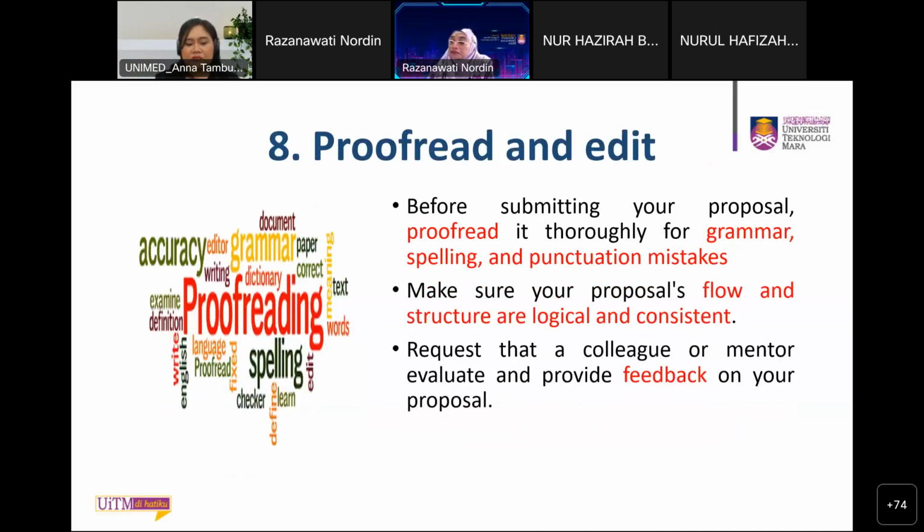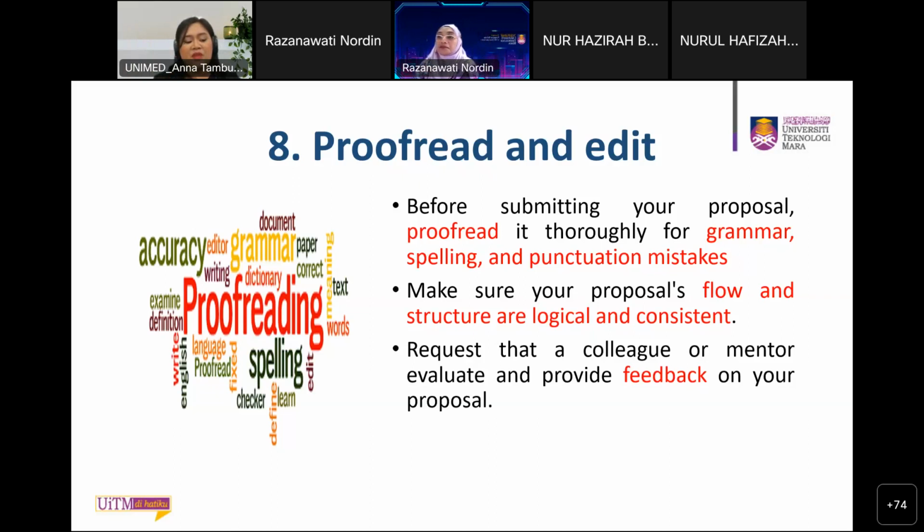Now, the next one, after you write your proposal, after you explained the background and the goal of your proposal, and the things I previously mentioned, the last thing you have to do is proofread and edit, of course.